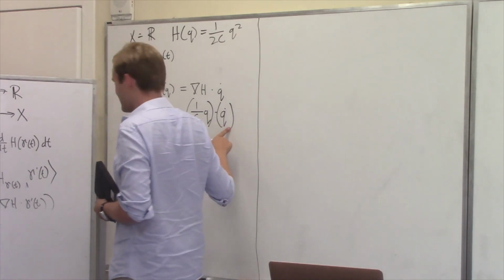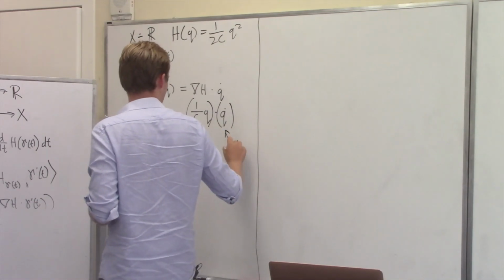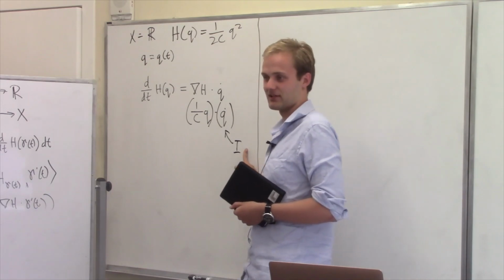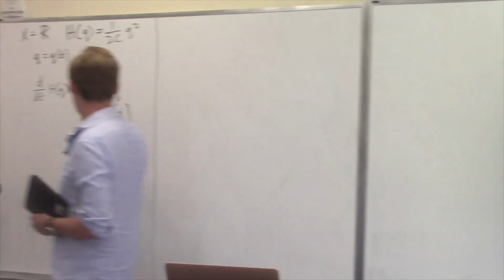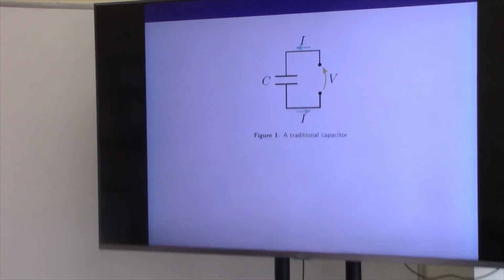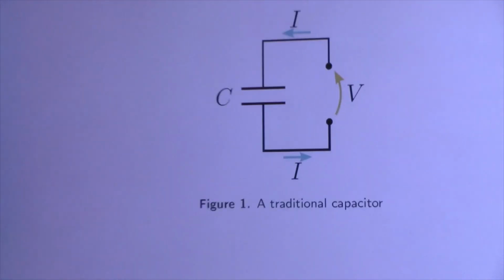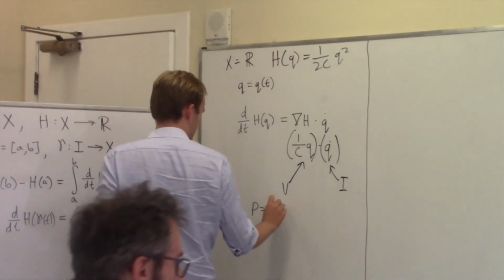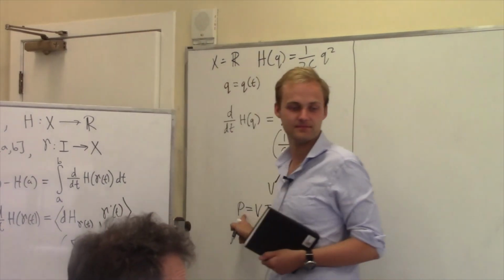This is also known as the current flowing into the inductor. The current flowing into the inductor is the change in the charge. This is the voltage. And from high school physics, the power is voltage times current. So this checks out.